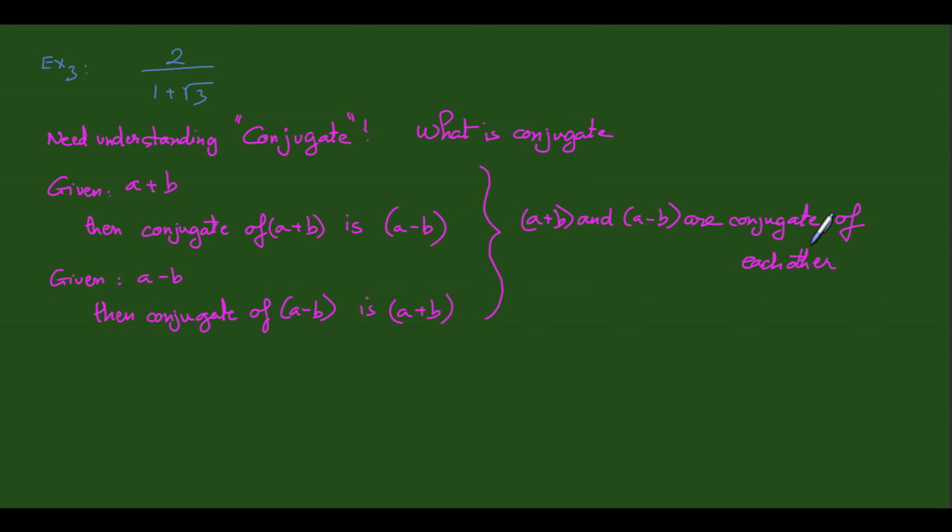Alright? Now, after you understand what conjugate is, I'm going to go back to this problem and solve it. Okay, so how are we going to solve this problem? What color will we use? Okay, right here.